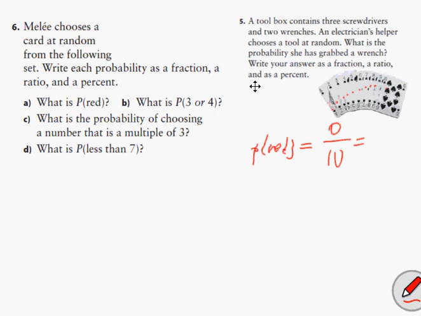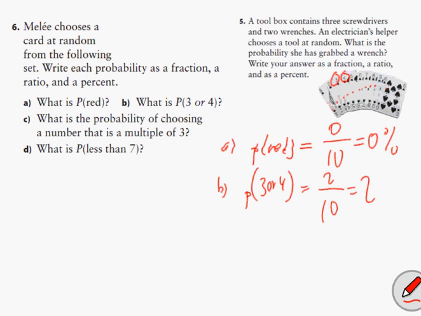So the probability that I will draw a red card from that deck is 0%. Question B: what is the probability of a 3 or a 4? Well, we still have 10 possible outcomes, but this time 2 of those are a 3 or a 4, which means we have a 20% probability of drawing the 3 or 4.